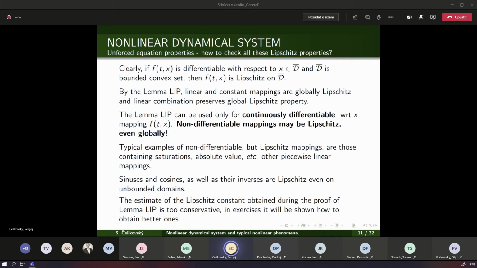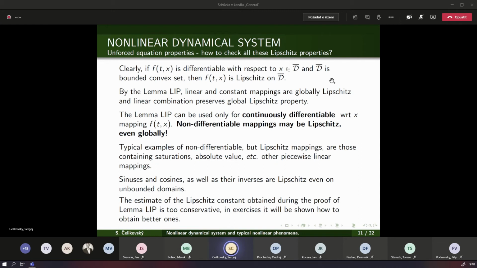So one first property to remember is that if the right-hand side is differentiable with respect to x on some D bar, and D bar now is a bounded convex set, not a domain. Previously it was a convex domain, so it was an open set, and we didn't say which open set. It could be a very big set. But here, if it is a bounded convex set, then f(t,x) is Lipschitz on D.